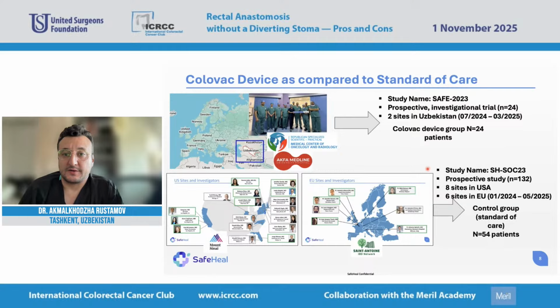In parallel, a larger multi-center SHSOC 23 study was initiated involving 14 sites across the United States and Europe. This trial includes 132 patients overall, with 54 patients in the control arm receiving the standard surgical approach with diverting ostomy. Together, these two trials will provide complementary data, SAFE 2023 confirming device feasibility and safety, and SHSOC 23 delivering comparative evidence versus current clinical practice.